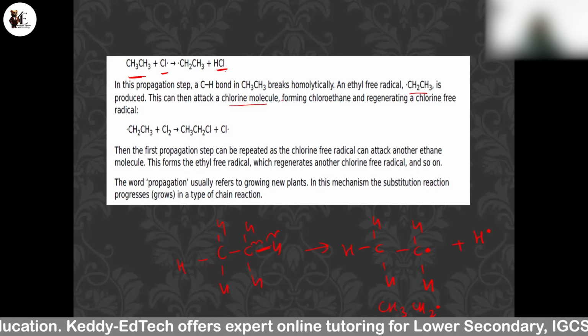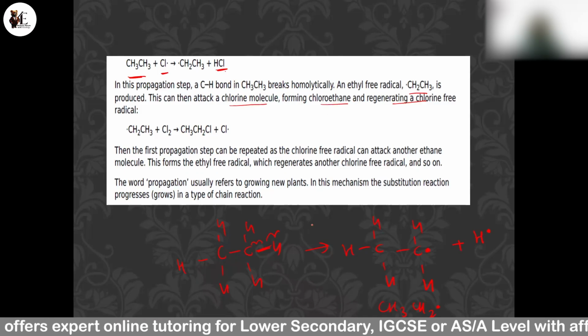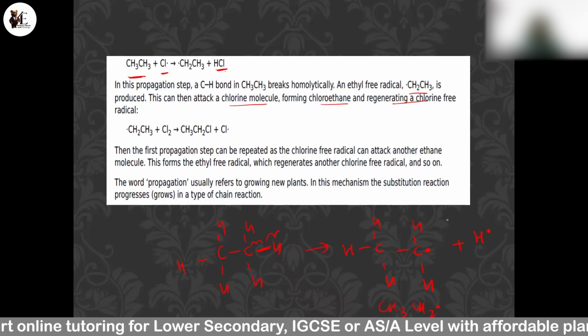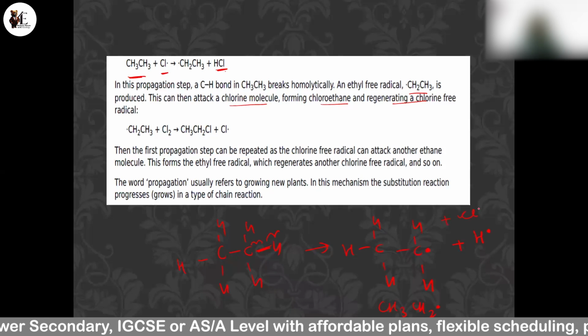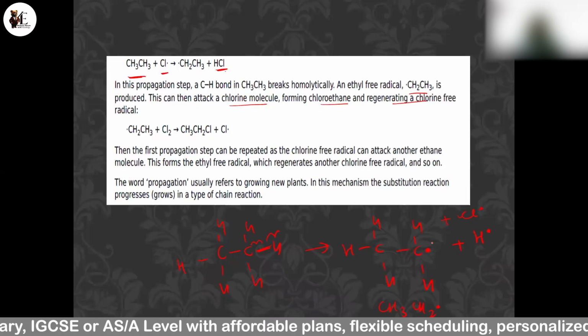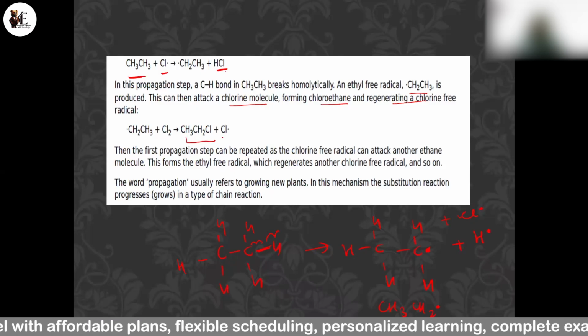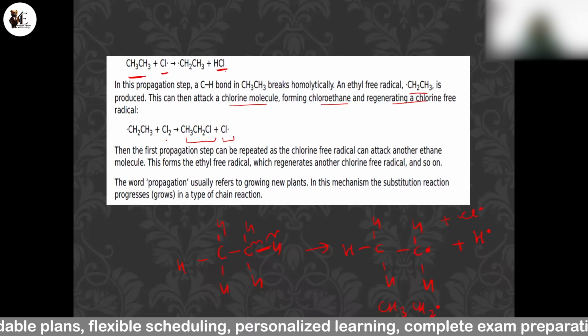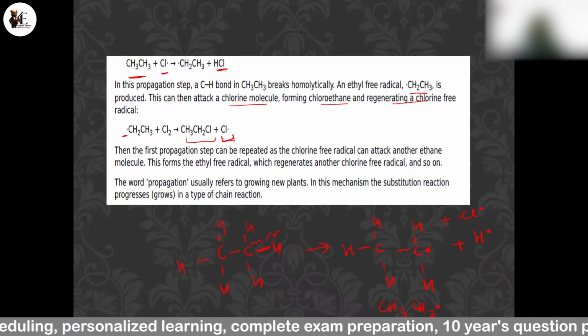It can attack a chlorine molecule forming chloroethane and regenerating a chlorine free radical. One chlorine combines with this free radical, giving CH3CH2Cl, and one chlorine is liberated as a free radical.